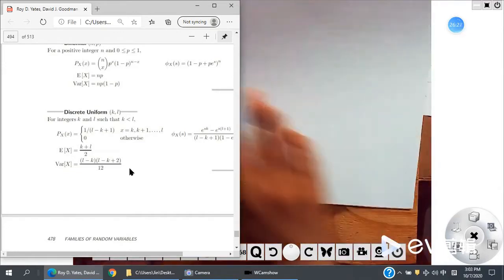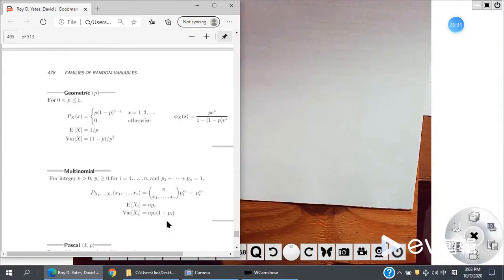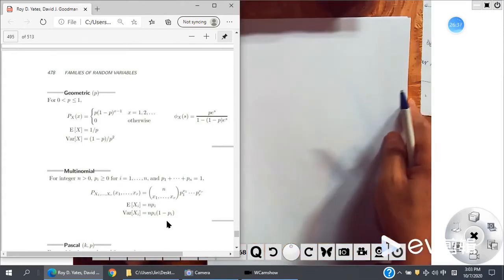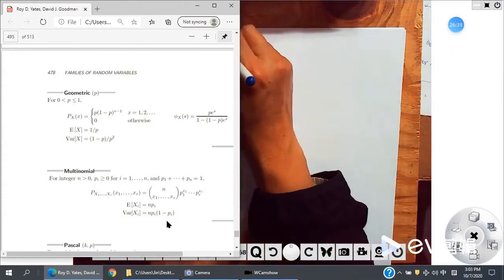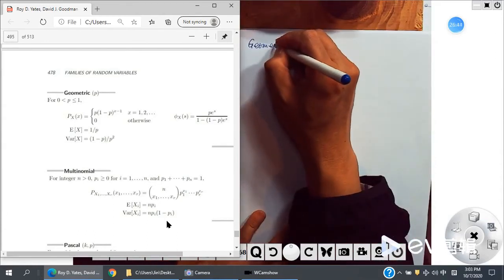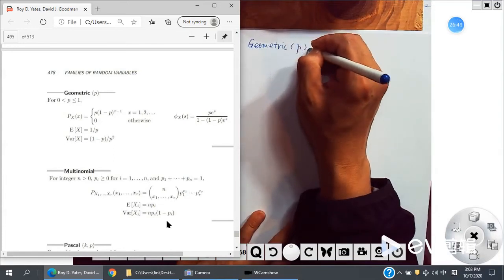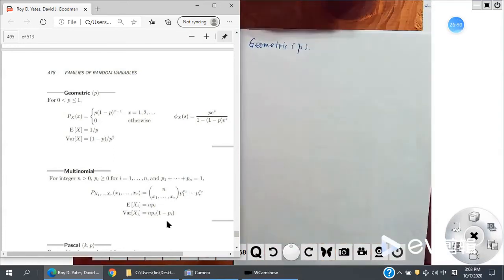And then let's see what will be the next. Geometry. Okay, geometry. So what is the geometry? Geometric P. This is things like you try a coin, you want a head.